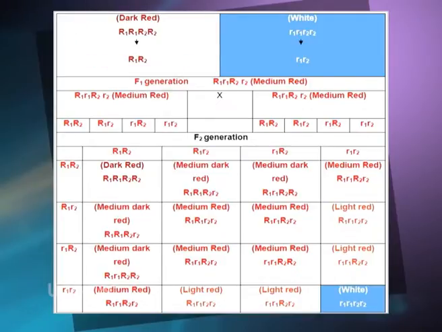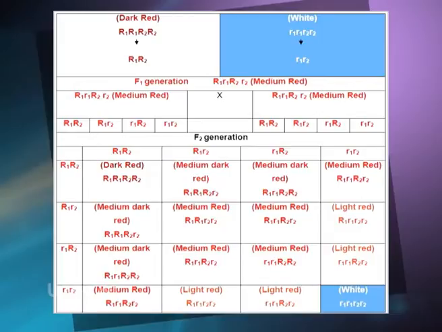A dark red, represented by all capital R, and white, represented by all small r, grain color in wheat were crossed, and all the progenies produced in the F1 generation have the phenotypic character medium red, and the genetic constitution is capital R, small r, capital R, small r. But in the F2 generation, all the progenies show a variation in the phenotypic expression.